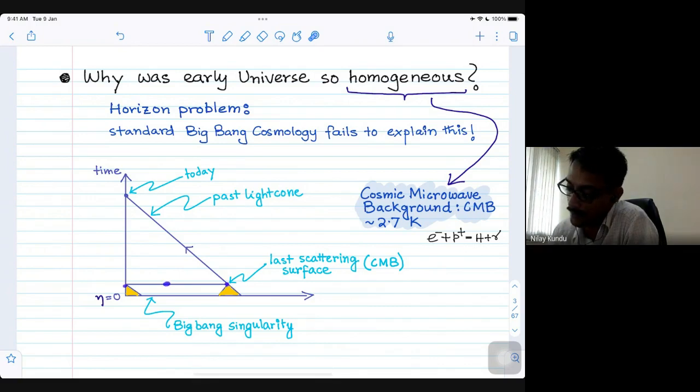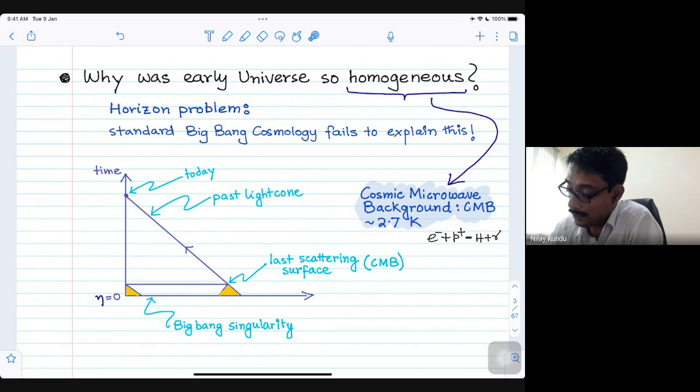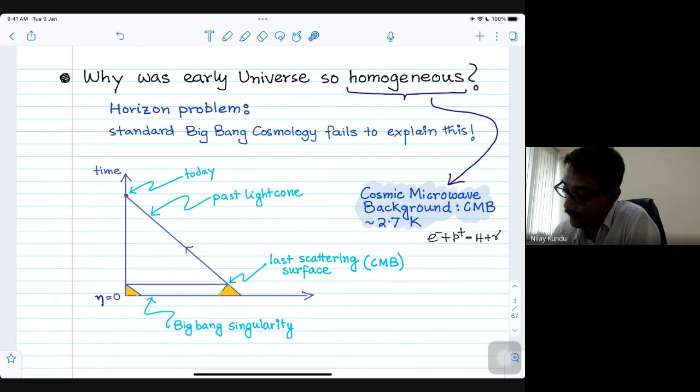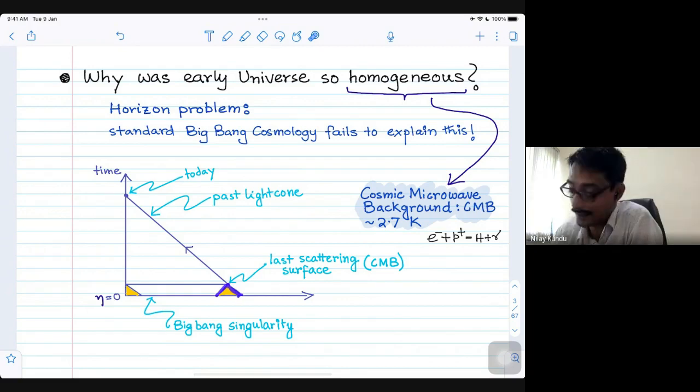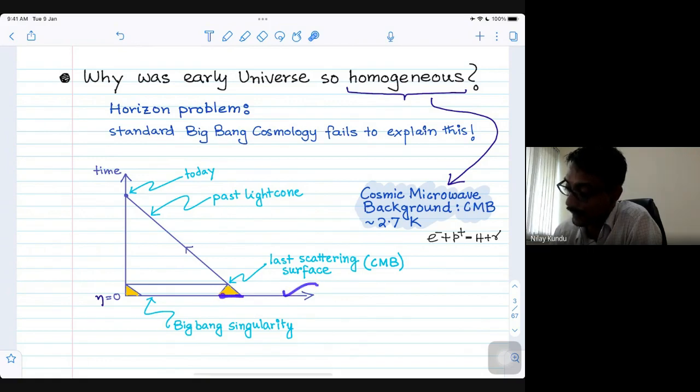Now, there is another point in our universe, in our sky. If we look at a different point, light will come from that direction as well to us. Now, if I draw the past light cone from this point, only this much at the instant of Big Bang was in causal contact to this point.